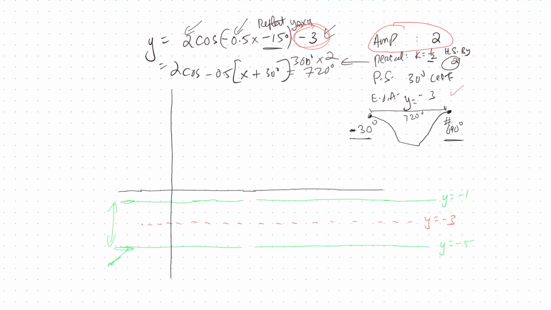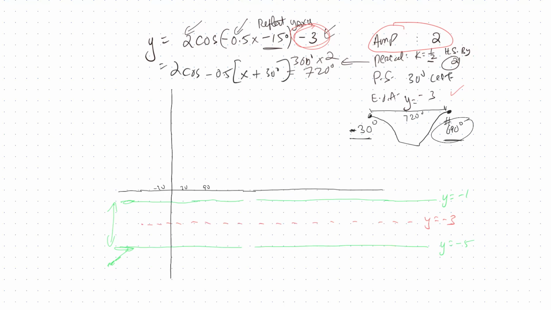For me, in my particular example, I had to change my y-axis and move it more to the left because I have to go all the way up to 690. I'm going to start at negative 30. I'm going to let each box be 30 degrees. So here's negative 30, then 30, 60, 90. Every 3 boxes is worth 90.